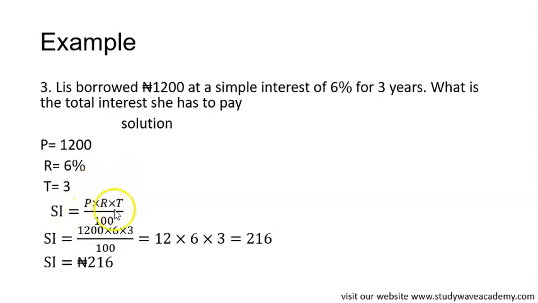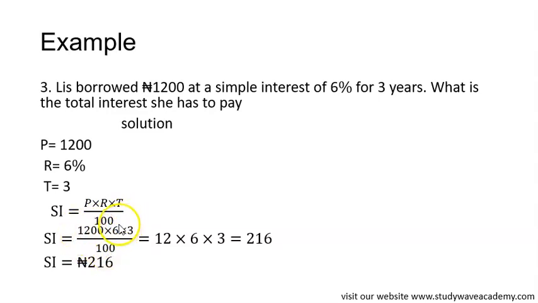P times R times T over 100. P is 1,200. R is 6%. And T, which is time, 3 years, okay? Over 100. So we have 1,200 times 6 times 3 over 100.